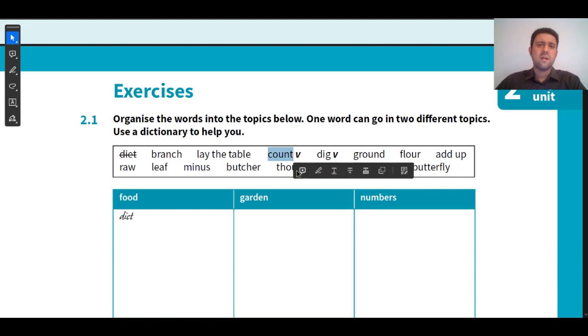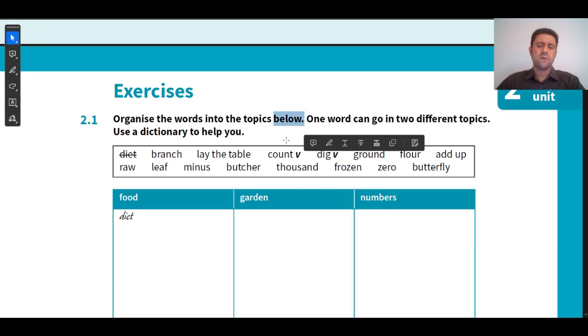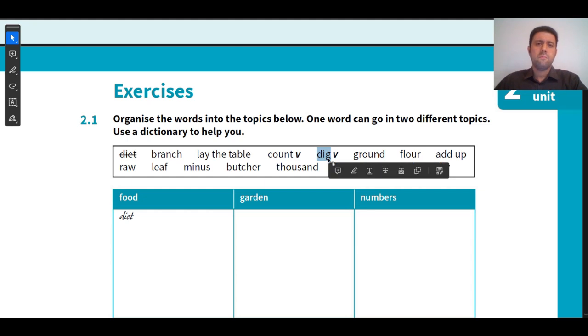Count means to find out how many there are. As an example, we can count the people who are in a room. Dig here means to make a hole in the ground with a tool. Ground is a solid surface of the earth. Flour is a kind of powder.